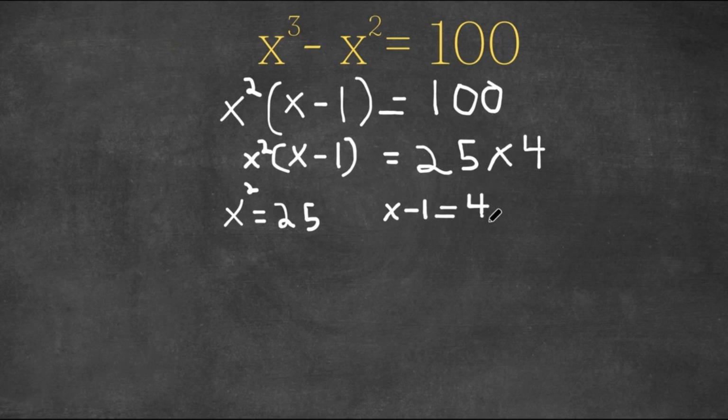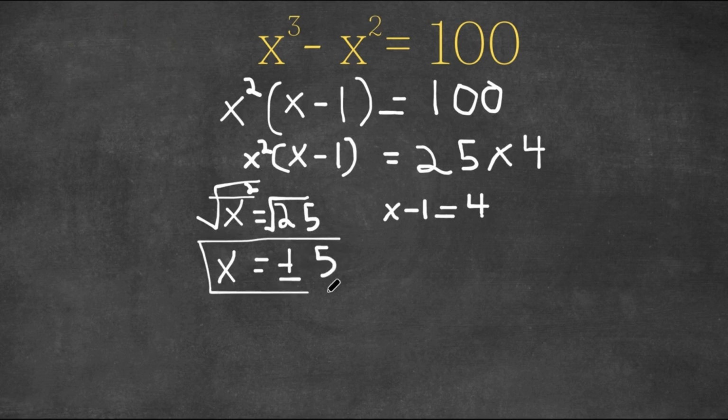Well, for x squared equals 25, if we take the square root on both sides, we would get, well, the square root of x squared is simply x, equals, the square root of 25 is positive or negative 5. So as you can see, this is one solution, and x minus 1 equals 4.